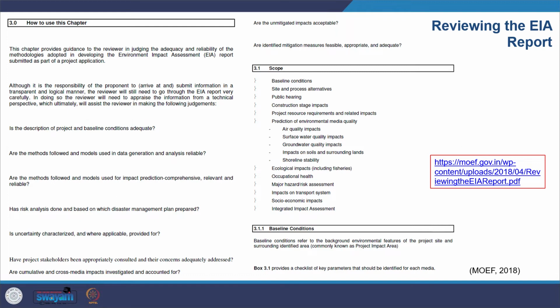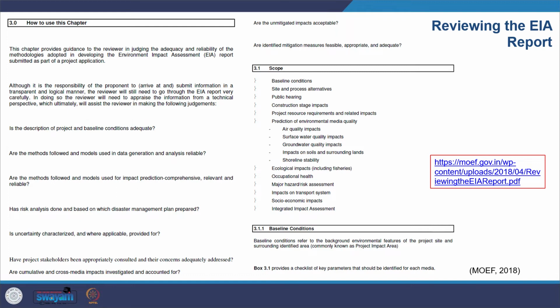And then for public hearing itself, an overview of the issues discussed, whether you have discussed them or not, and how the concerns raised were responded to by the project proponents. They would tally what concerns were raised and whether you have addressed them or not. And then how these responses were conveyed back to those consulted.